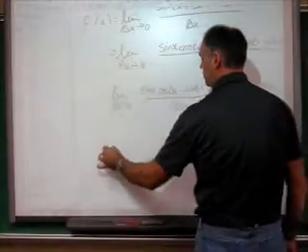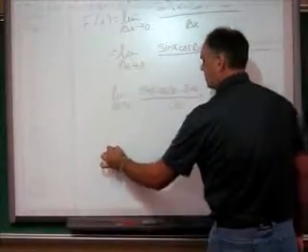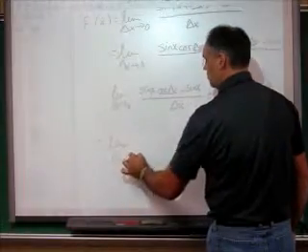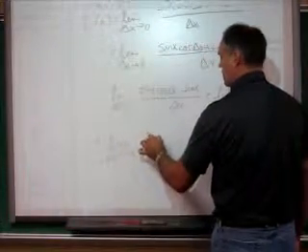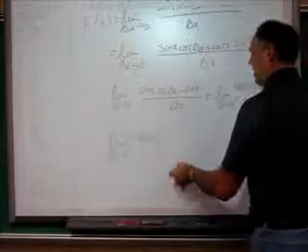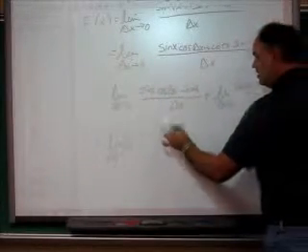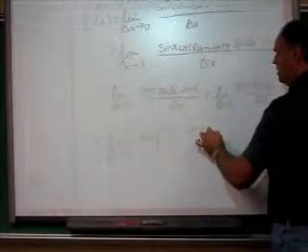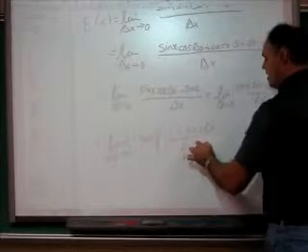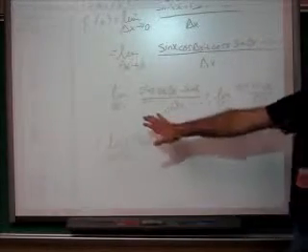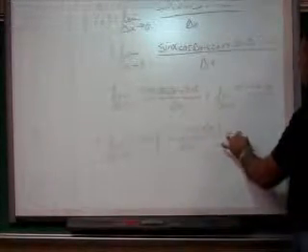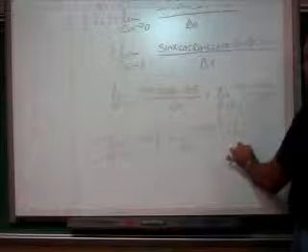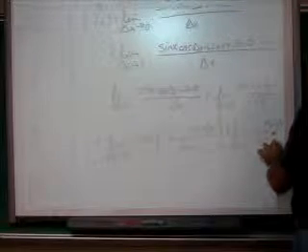So that means I've got this thing equal to the limit as delta x goes to 0 of negative times the sine of x times what's left behind here, which is 1 minus the cosine of delta x over delta x, after a negative 1, or negative sign, and then plus the limit as delta x goes to 0 of the cosine of x times the fraction sine of delta x over delta x.